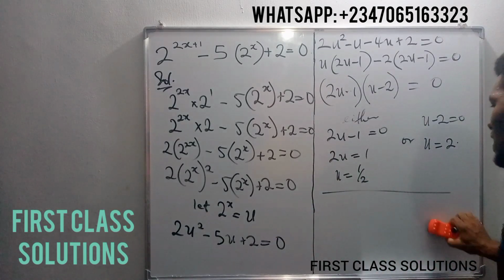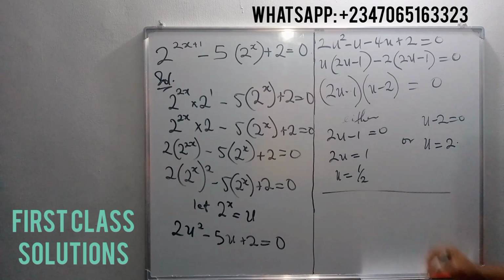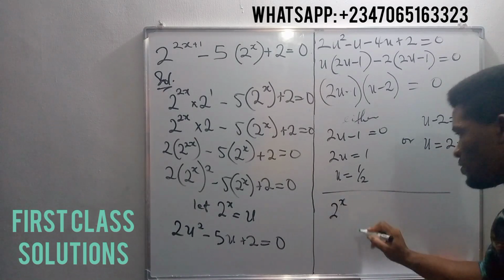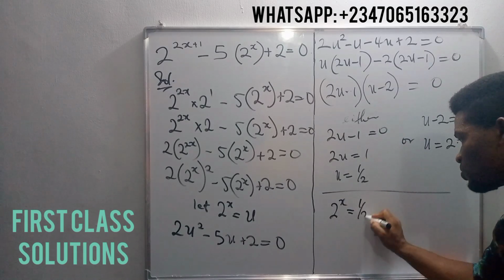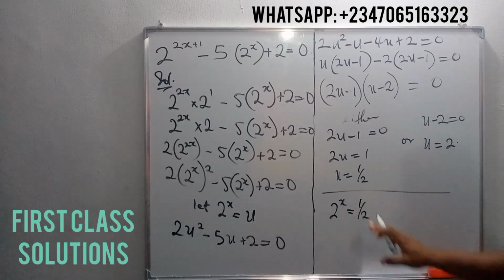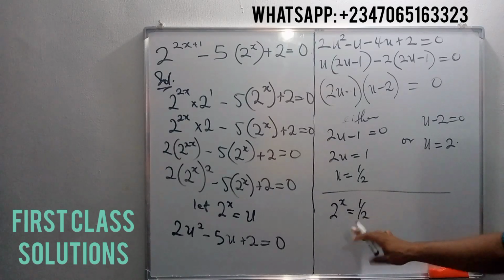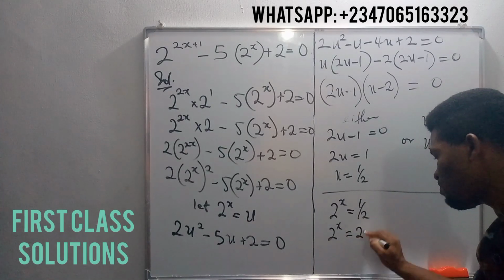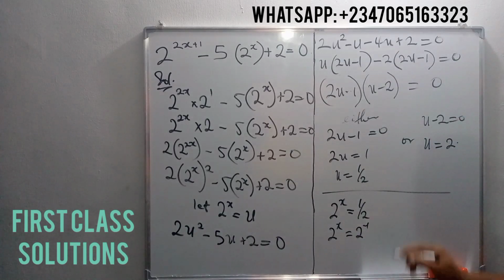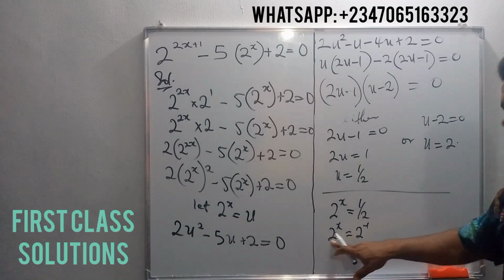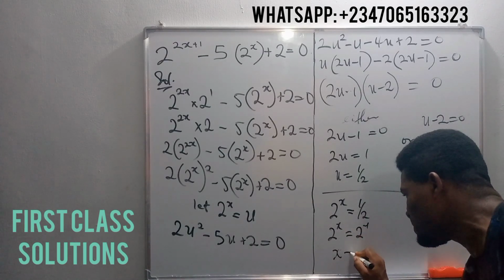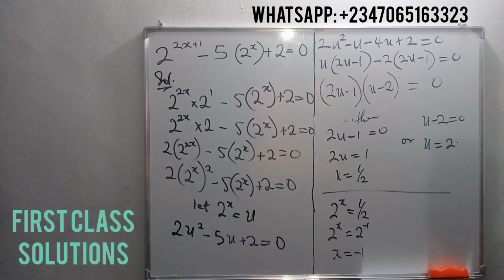So in this case, we have 2 power x being equal to 1 over 2. Remember the laws of indices. This 1 over 2 can be written as 2 power minus 1. Since these bases are now equal, we equate their powers, where x is equal to minus 1.